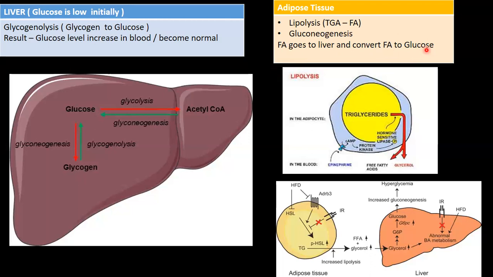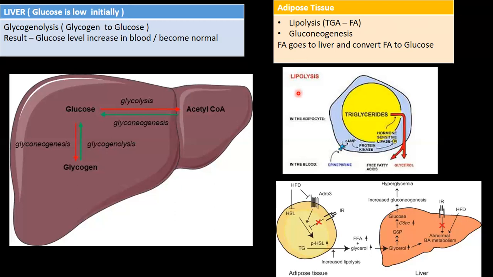In this case, we just need to make glucose. So first, in adipose tissue, we see there is lipolysis that makes our fatty acid, and the fatty acids make glucose, and we have gluconeogenesis, that is formation of glucose from non-carbohydrate components.